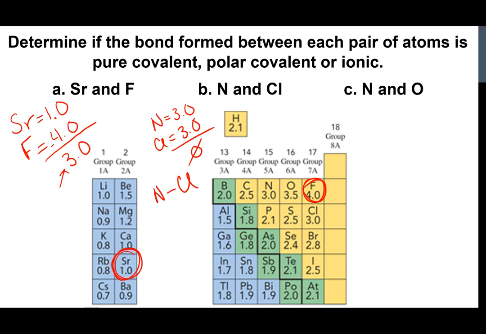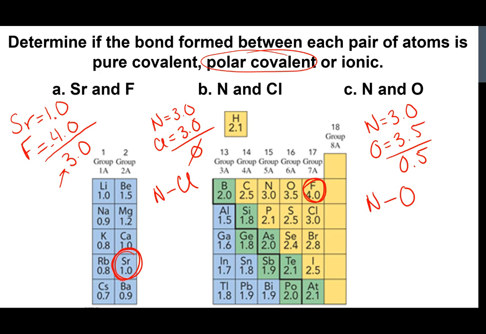Okay. Let's do nitrogen and oxygen. So nitrogen is still 3.0. Oxygen is 3.5. So that's an electronegativity difference of 0.5. So electronegativity difference of 0.5 falls into the polar covalent region. So this is a covalent bond. They are technically sharing the electrons, right?